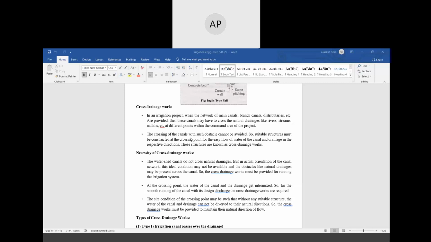The crossing of canals with such obstacles cannot be avoided. So suitable structures must be constructed at the crossing point for easy flow of water of the canal and drainage in their respective directions. And these structures are known as cross drainage works.